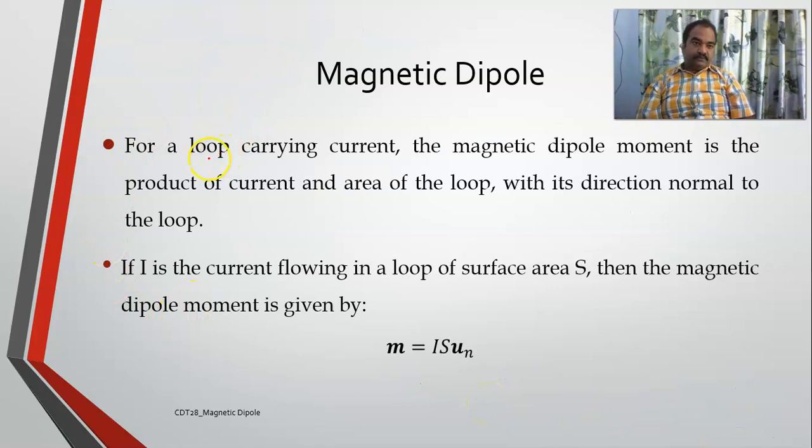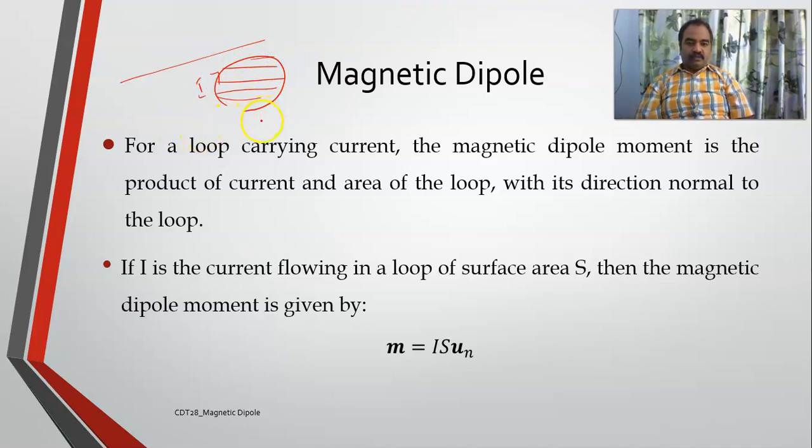Now, we don't always find bar magnets everywhere in electrical engineering. In the last classes we have seen that any current carrying conductor can develop a magnetic field. So suppose there is a loop carrying a current, then the magnetic dipole moment is the product of the current and the area of the loop it is covering.